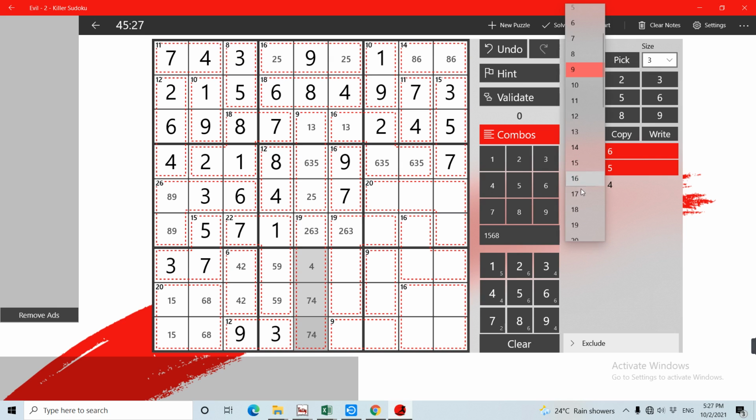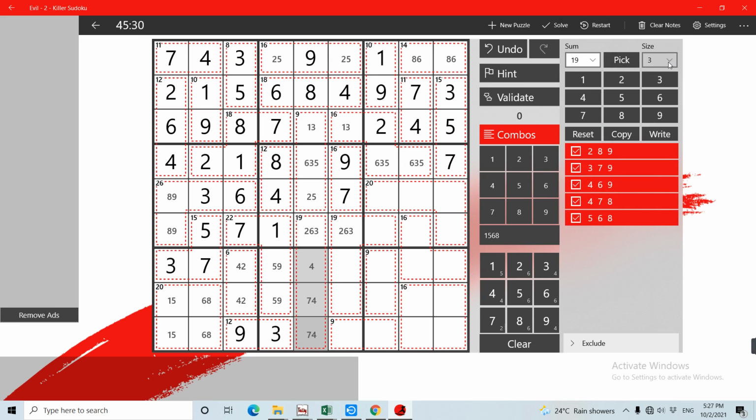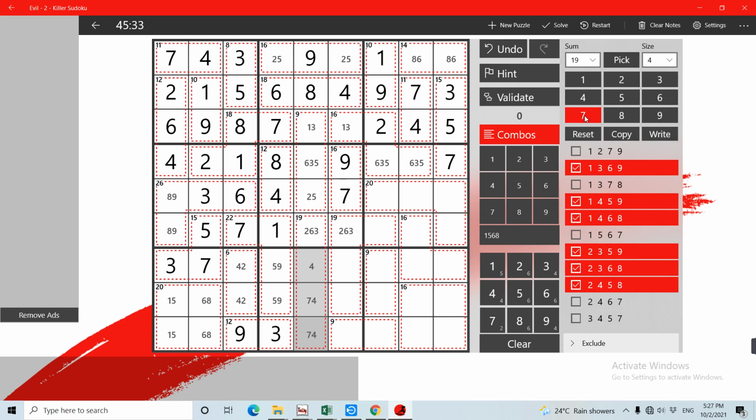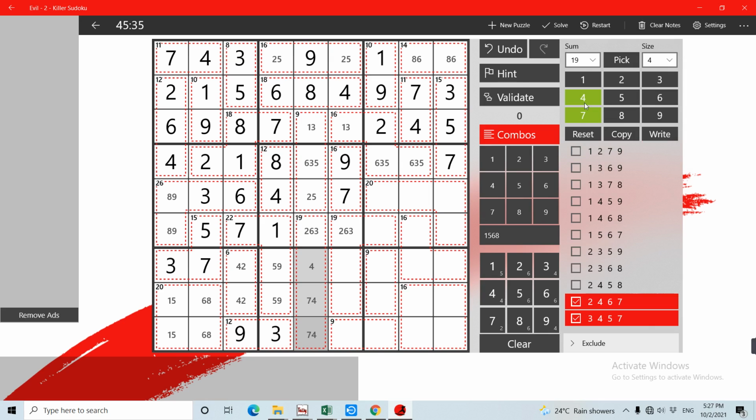So let's look for 19, size of 4, which has 7 and which has 4. 2, 6, 3, 5. I cannot have 3 here.